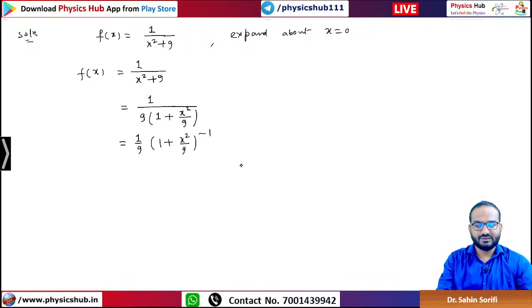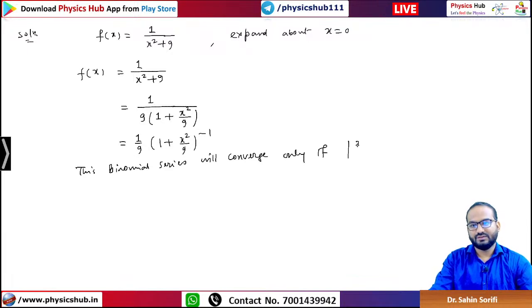Now when this series will converge? This binomial series will converge only if this modulus of x square by 9 is less than 1, है ना?